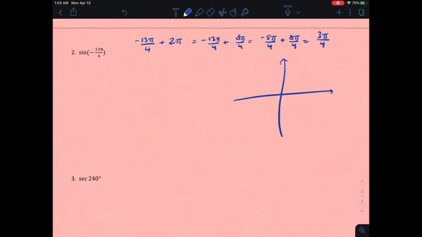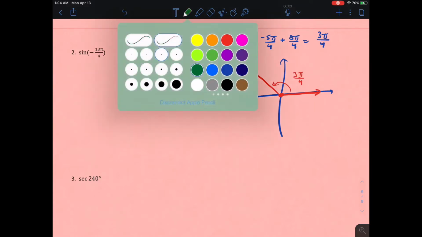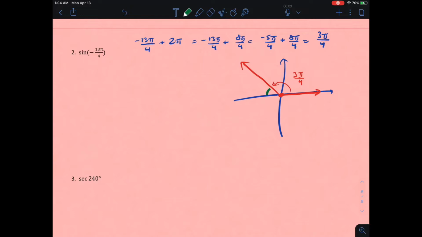So visually, this is an angle in quadrant 2. Right, we know that if I go 180 degrees, that's just pi radians. So this is a little bit short of that. This is just 3 pi over 4. But the question is, what's my reference angle? In this case, my reference angle would just be pi over 4.